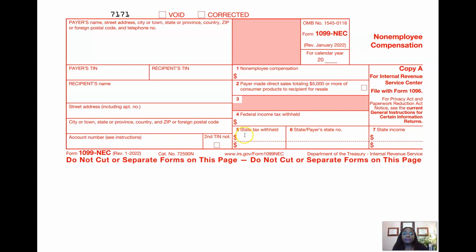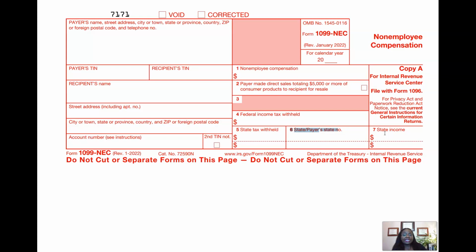In the boxes below, if you withheld state taxes, you would send that money to the state, and it is tracked by basically registering with the state, and you would have a state tax ID number, and that's what you would put in box number 6. Okay, state income, this amount is going to be the same as box number 1 unless you have a situation where you have employees doing work in multiple states.